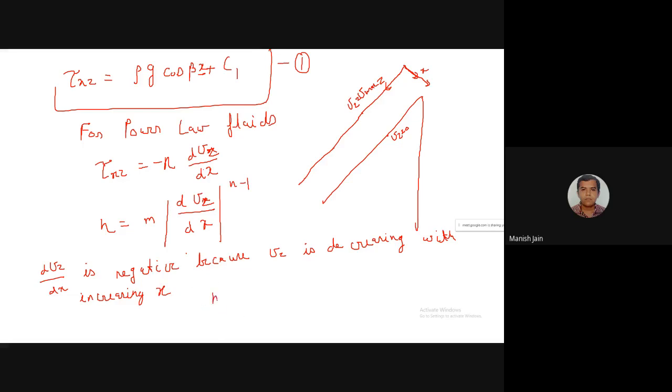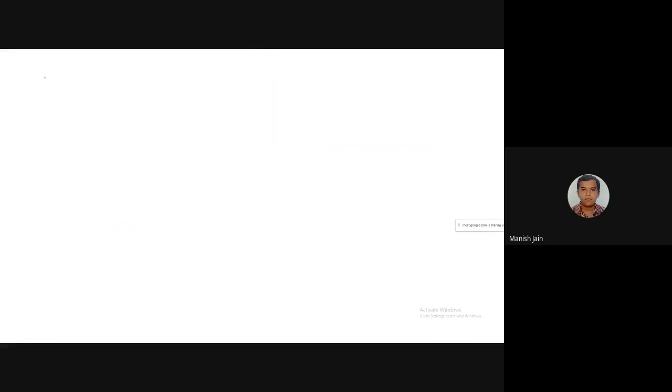Okay, so eta equal to m, inside the bracket you have minus dvz by dx to the power n minus 1. Okay, now this eta value will be substituted in the original equation. You will get now tau yx equal to tau xz, and here you have the tau xz.